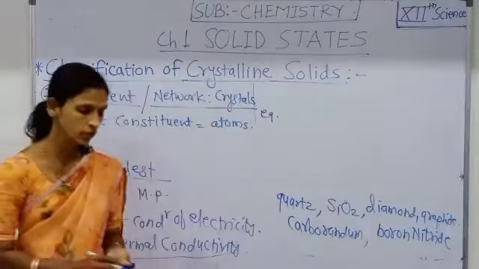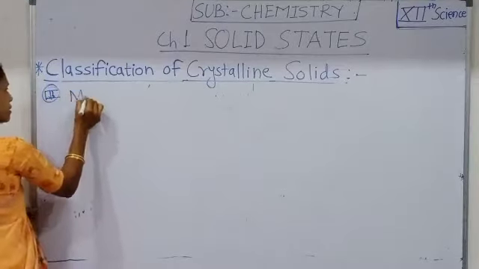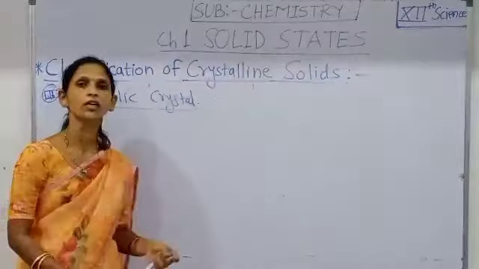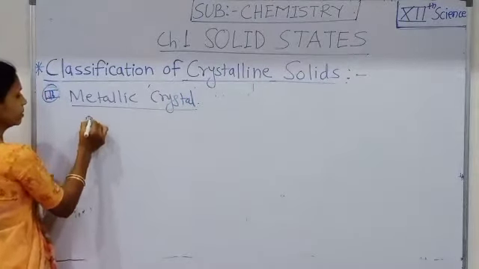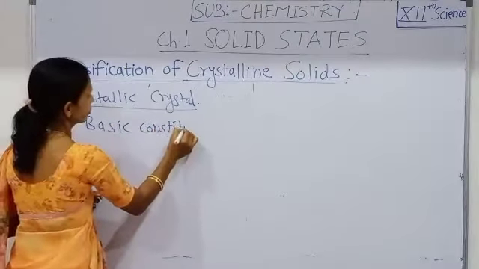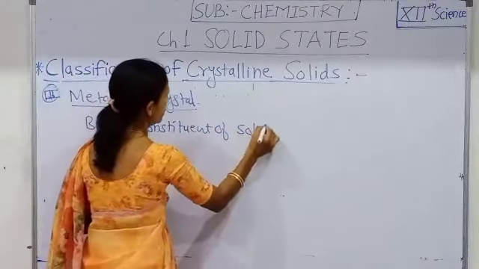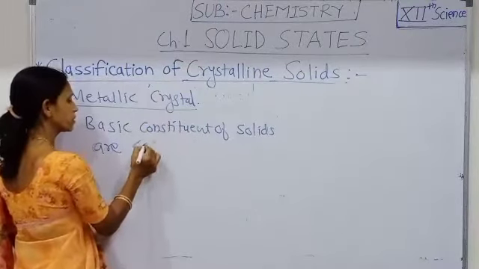Then the next one is metallic crystals, or metallic solids. See here, in metallic crystals, the basic constituents of those solids are atoms.